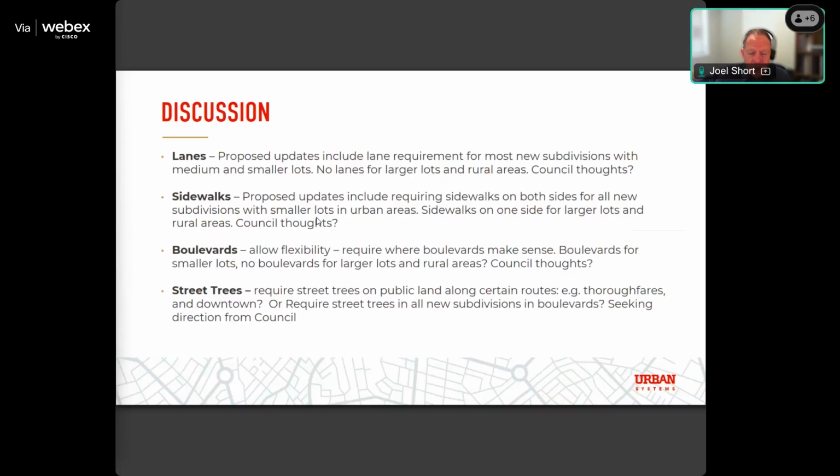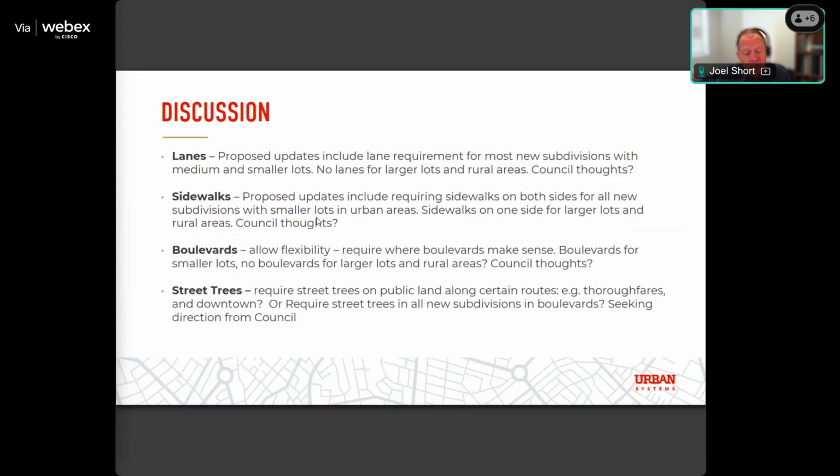Right. Interesting thought. That's not what we're thinking. We're thinking more like the Baker Hill area, where you've got streets, but you also have a lane in the back, and you've got a boulevard in the front. The boulevard can be of varying widths, which we can think about, and may or may not have trees required in them. But that's the Baker Hill feel.